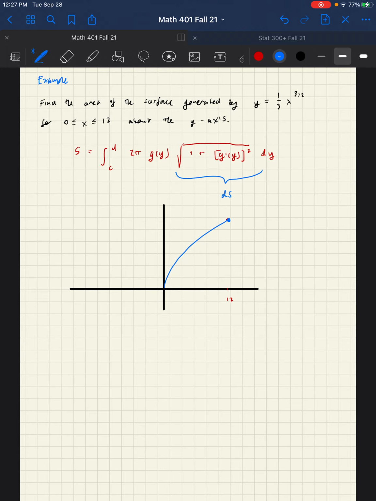So this is from 0 to 12 in the x direction, and it's going to hit some y value, and then we're going to stop at that point.